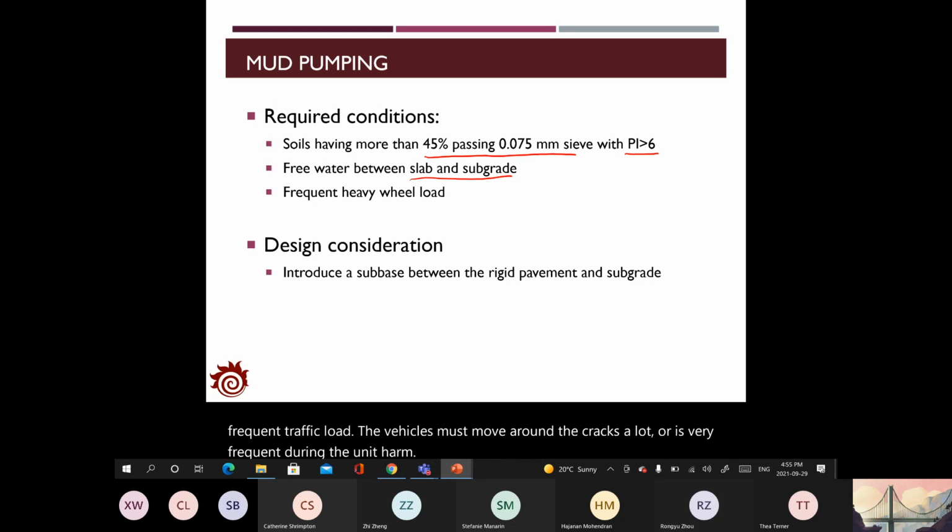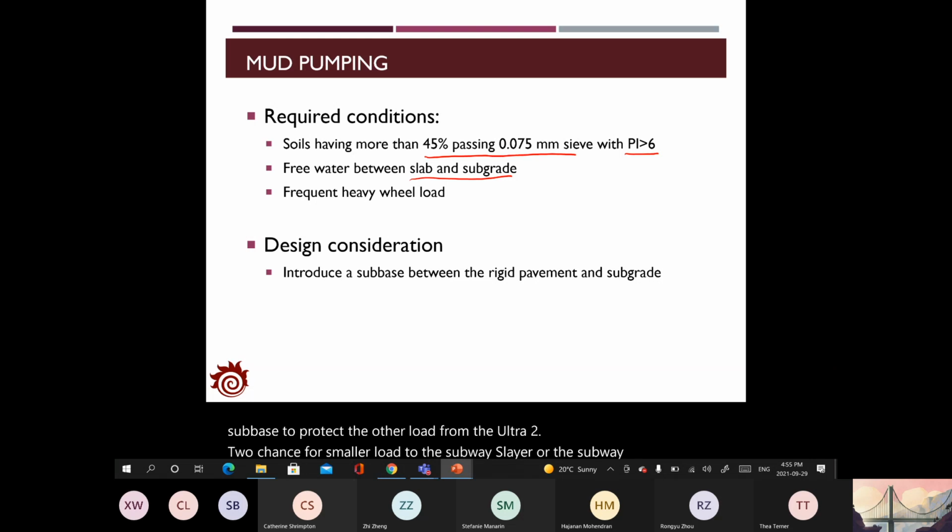And in order to solve the impact of the mud pumping, this usually only happens for the rigid pavement. To solve this problem, we usually need to introduce some subbase layer between the rigid pavement, the PCC slab, and the subgrade. With that, you will have the subbase to protect the subgrade, or try to transfer a smaller load to the subbase layer or the subgrade layer.